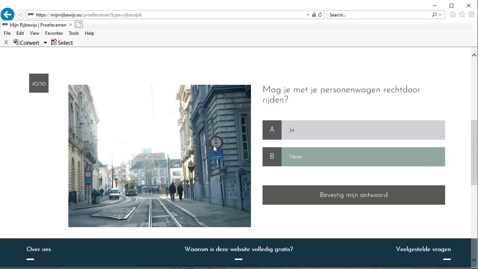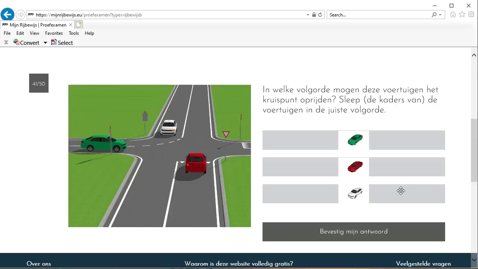In what order should the vehicles here cross the cross point? In what order should the vehicles go at this cross point?